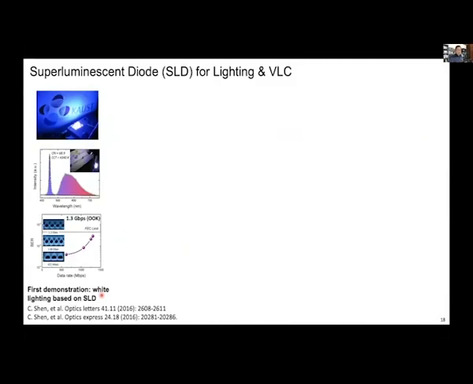We are among the very first groups to report the SLD in gallium nitride and apply it to lighting.